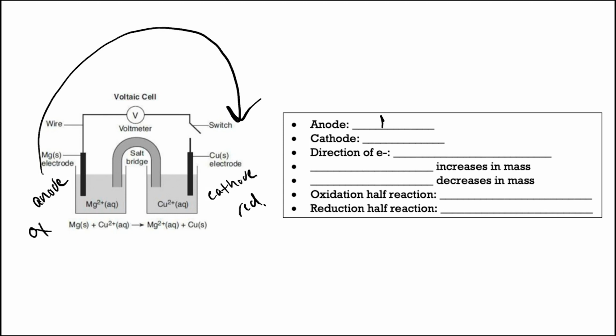So we said the magnesium was the anode. Copper was the cathode. Direction goes magnesium to copper. So anode to cathode. The copper cathode increases in mass, and the magnesium anode decreases in mass.